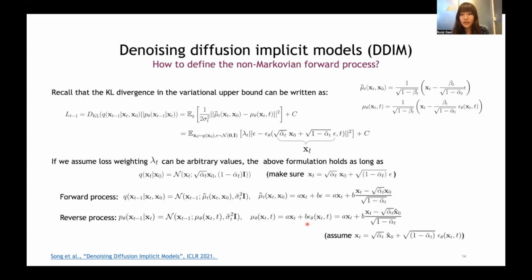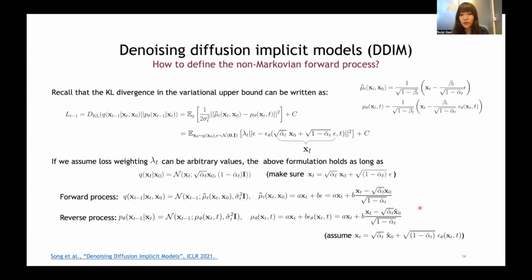And then we can further rewrite this, because we know x_t equals a linear combination of x_0 and epsilon. So we can replace this epsilon by a linear combination of x_t and x_0. Similarly, for the reverse process, we can rewrite it as a linear combination of x_t and the predicted x_0 hat. This x_0 hat is defined as the predicted clean sample given the predicted noise.